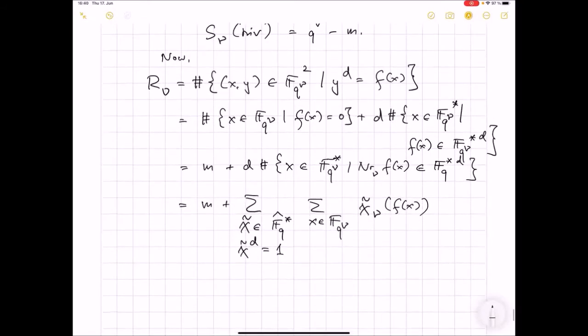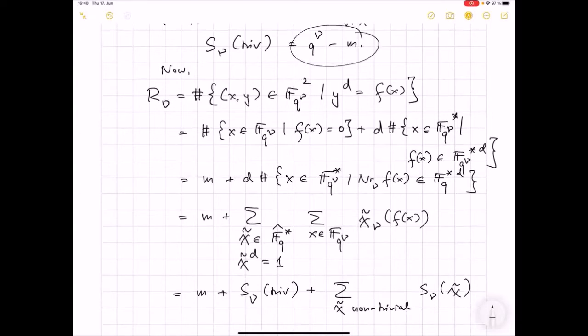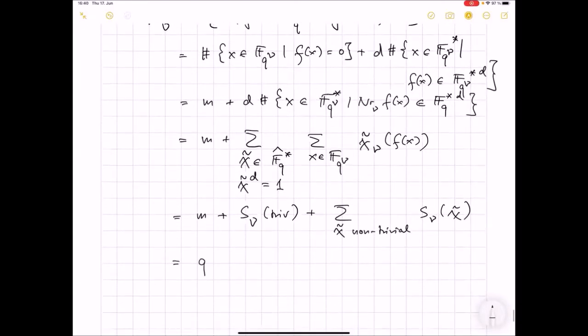Here I single out the trivial character. So this is S_ν trivial plus the non-trivial ones, the sum over chi tilde non-trivial of S_ν chi tilde. But as you can see, S_ν trivial is just this thing here. So this gives q to the ν minus m plus m plus the rest.